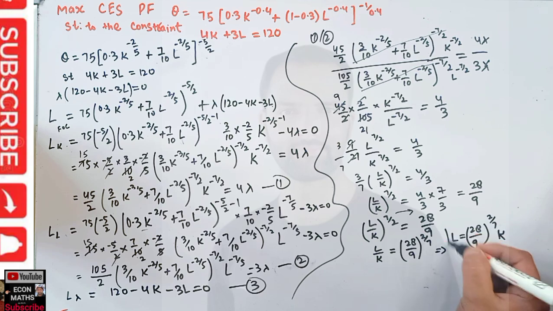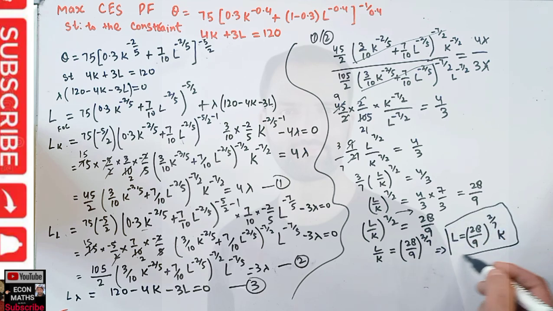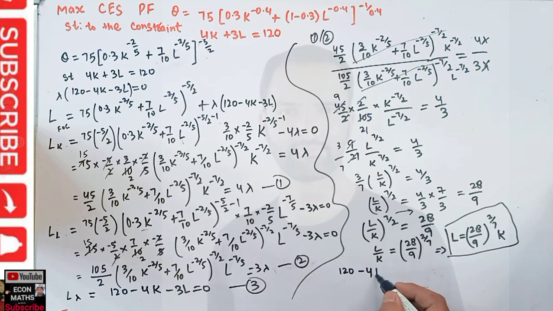Now we need to plug this very thing, L is equal to this very thing, in our third equation. So if we plug the value of L in this equation, we have 120 minus 4K minus 3 in place of L, this 28 upon 9 raised power 2 upon 7 K is equal to 0.